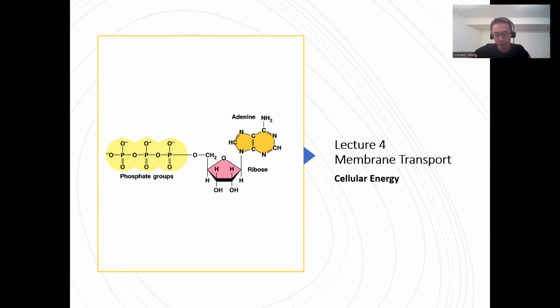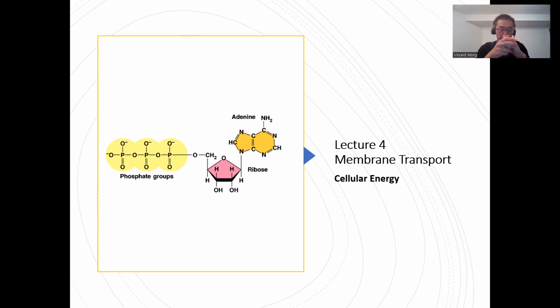And these proteins have various functions. They provide attachment sites for the cytoskeleton. They play a role in cell signaling. And one of the functions that we talked about towards the end is that they play a role in transporting material across the cell membrane.